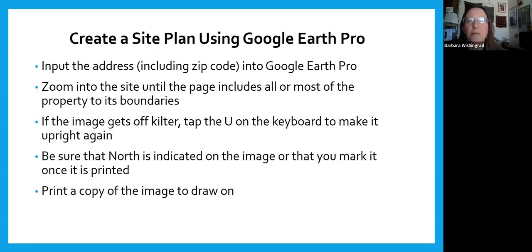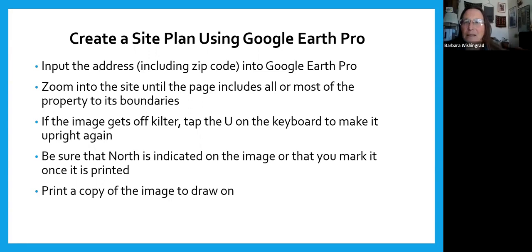It's a little different from Google Earth because it has some extra features, and the features that we're going to talk about are only in Google Earth Pro. So you zoom into the site until you get the property to its boundaries. If as you're zooming in, it starts to get a little off kilter, you tap the U on the keyboard and that makes it upright again. And make sure that north is indicated on the image, or that you mark it once it's printed.